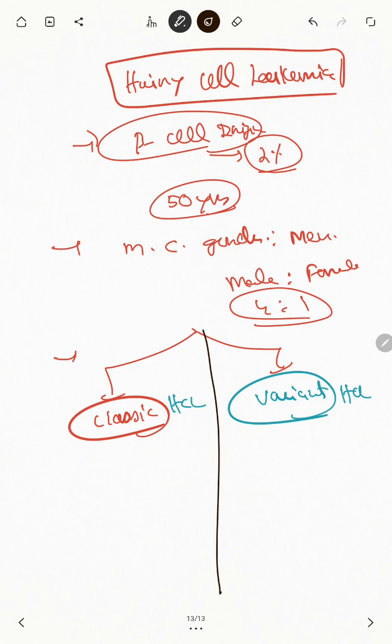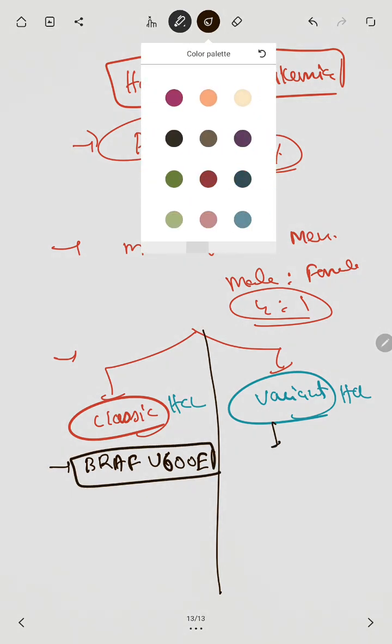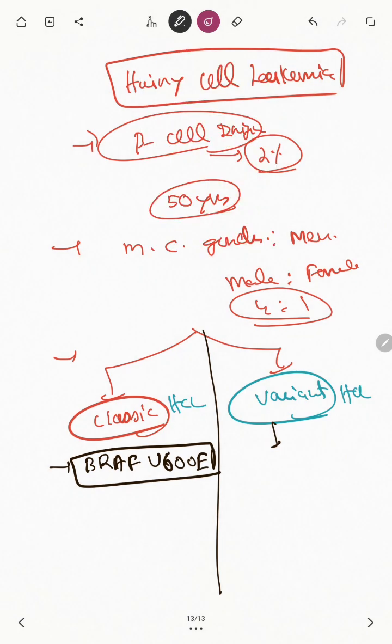In classical hairy cell leukemia, the mutation is BRAF V600E, whereas in the variant it is the immunoglobulin heavy chain IGHV4-34.